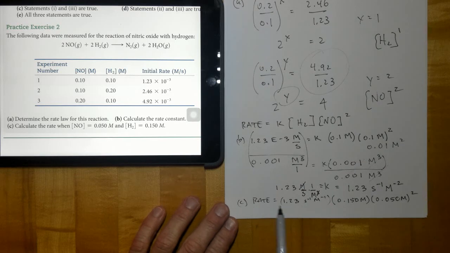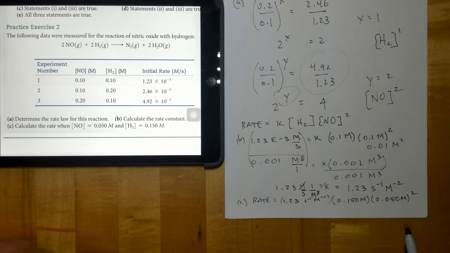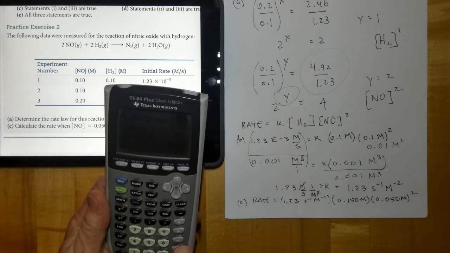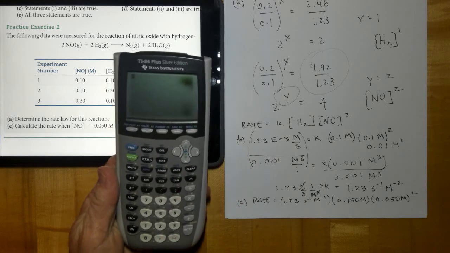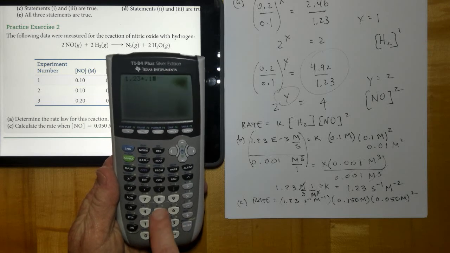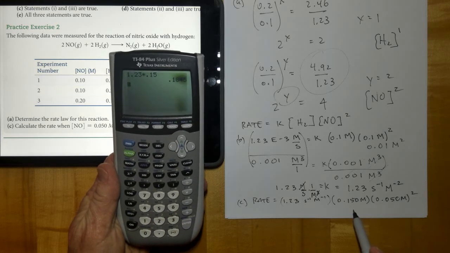so that's second order. Multiply all of those together right here, and let's see, I don't think I did that on my calculator, so let's do that together on the calculator and make sure that I got that. Clear. 1.23 times 0.15, enter, that's that part right there.